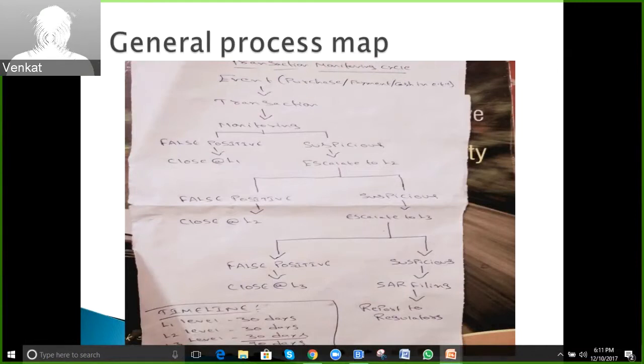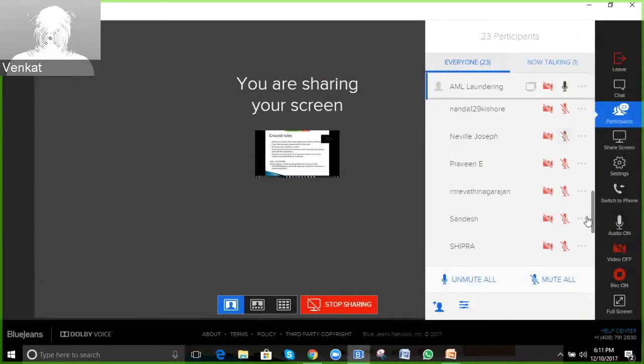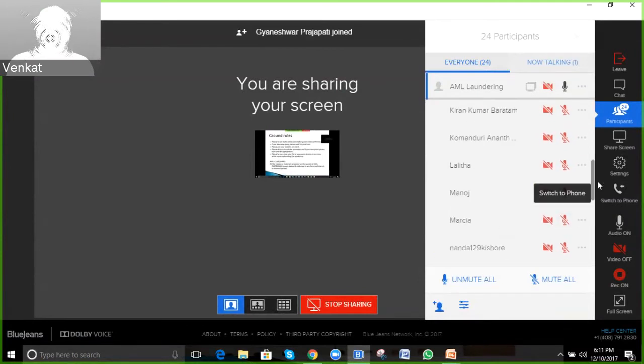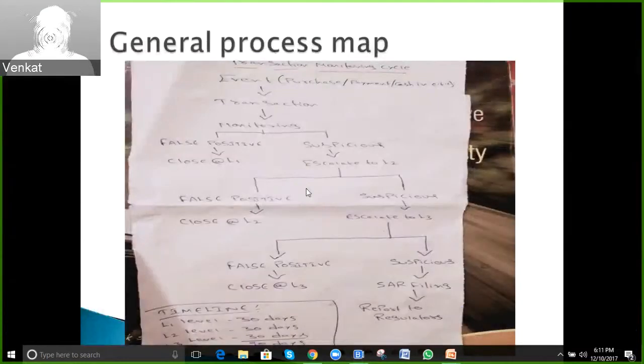If we file an incorrect SAR, that will backfire on the organization or the bank, and we might end up paying a huge fine to the regulator or the central bank, with whom we are filing it. So SAR is a very crucial part of AML.